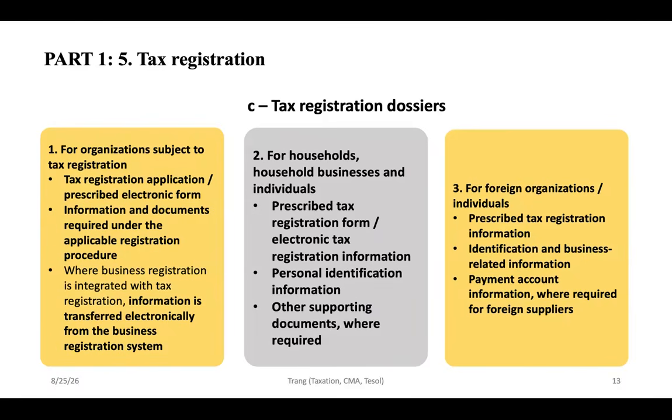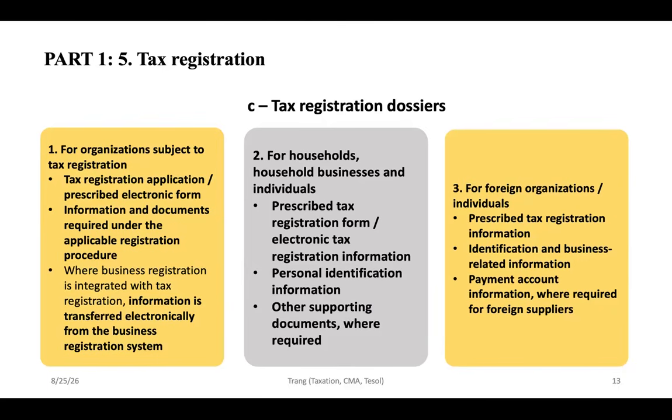Next, let's look at Section C, tax registration dossiers. This tells us exactly what paperwork or digital documents must be submitted to the tax office. The law divides these requirements into three distinct categories based on the applicant.